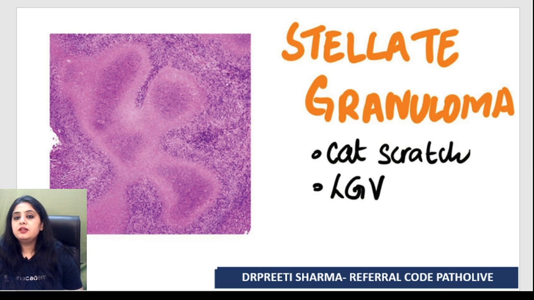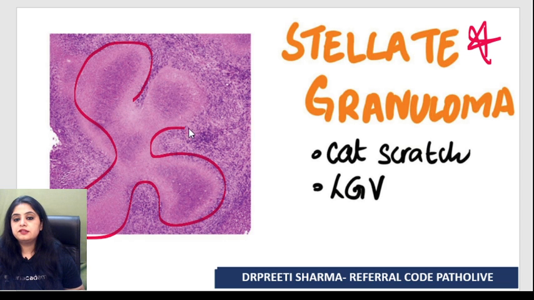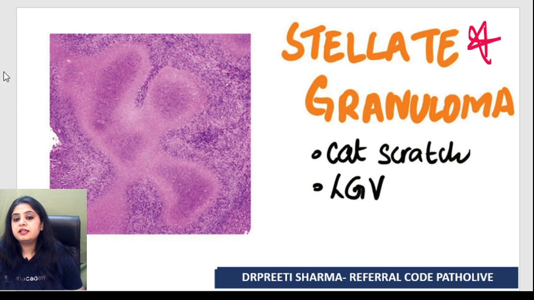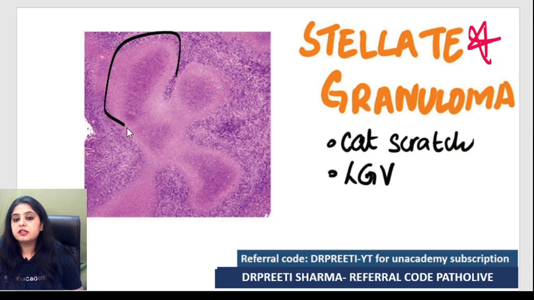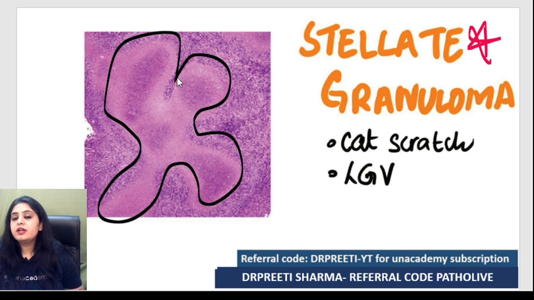Next, when the granuloma starts looking like a star, like this star over here, what do you call it? We call it a stellate granuloma. Have a look at this picture again, please. Where do we see it?